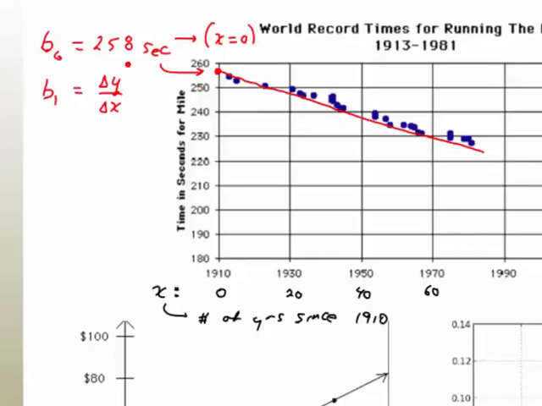We need 2 points to calculate that. Let's say this is 1 point, and another is, we'll just use this one right here. Let's make things nice and easy. How much did y, the world record time, change for those 2 points? So let's write ordered pairs here, an ordered pair for that point and an ordered pair for that point.